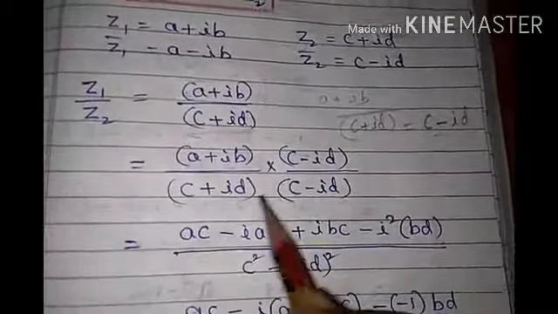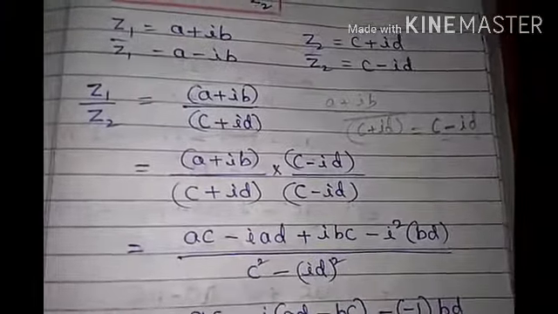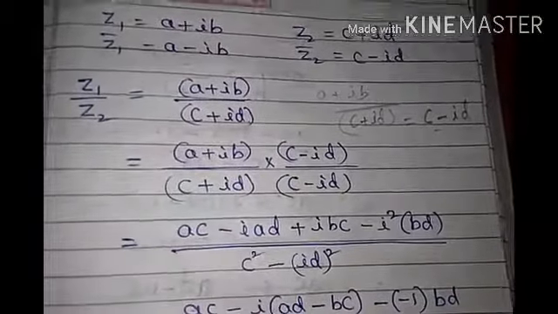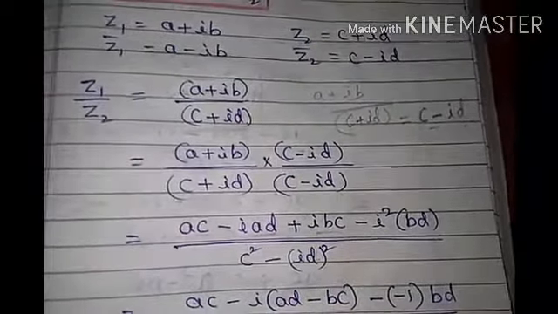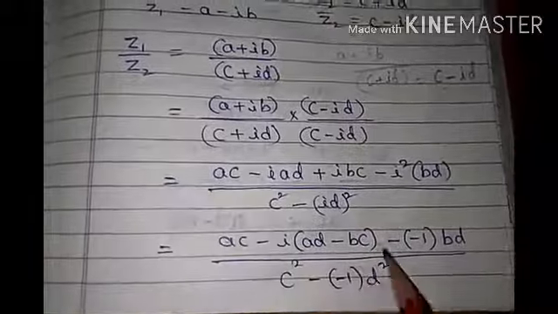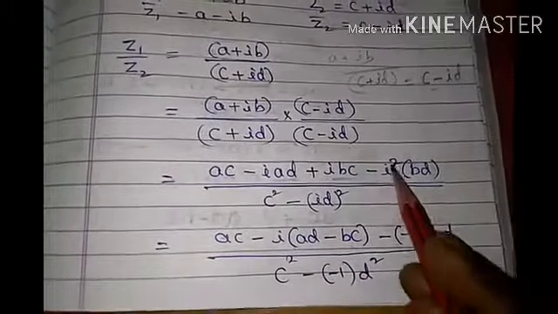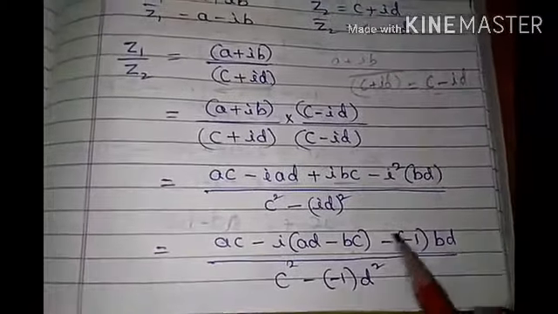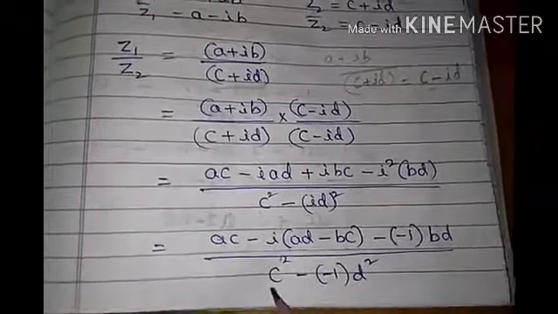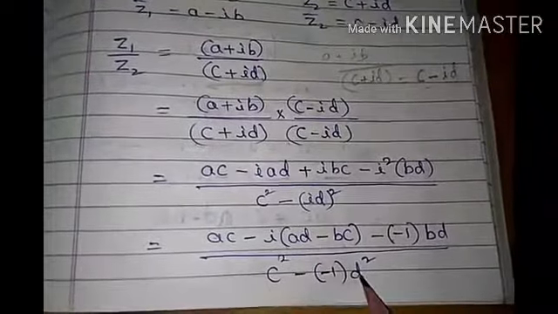So C square minus (iD) square. That is equal to AC minus i, which is common, so take out i into (AD minus BC) minus i square, whose value is minus 1, BD, by C square minus of minus 1 into D square.